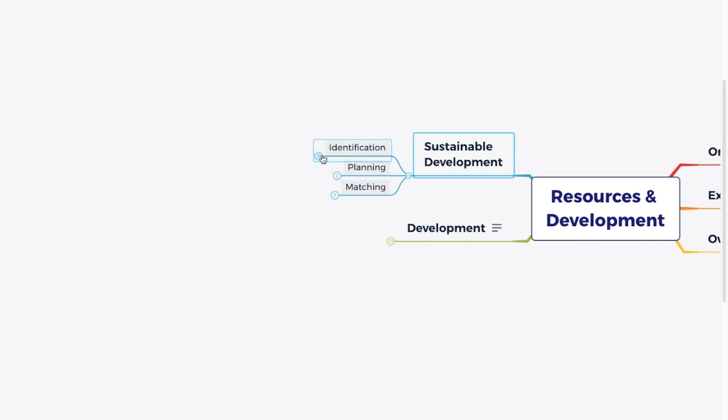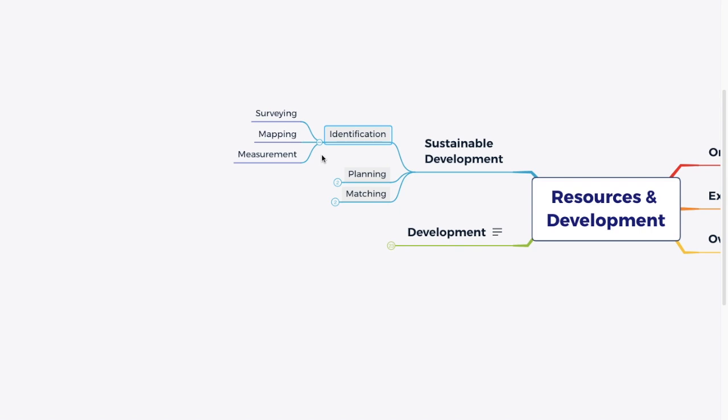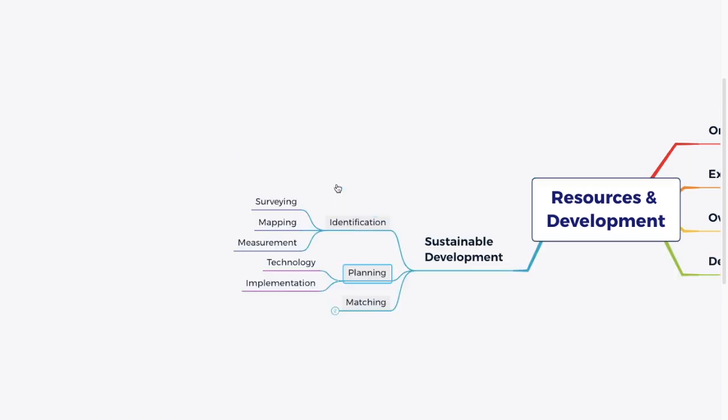Identification. So first and foremost, we need to survey, do the mapping and measure it. So we need to know how much resources do we have, where is it, and what is the quality and quantity of it. Then moving on to the next step, we need to plan. And for this planning, what is important? Technology.